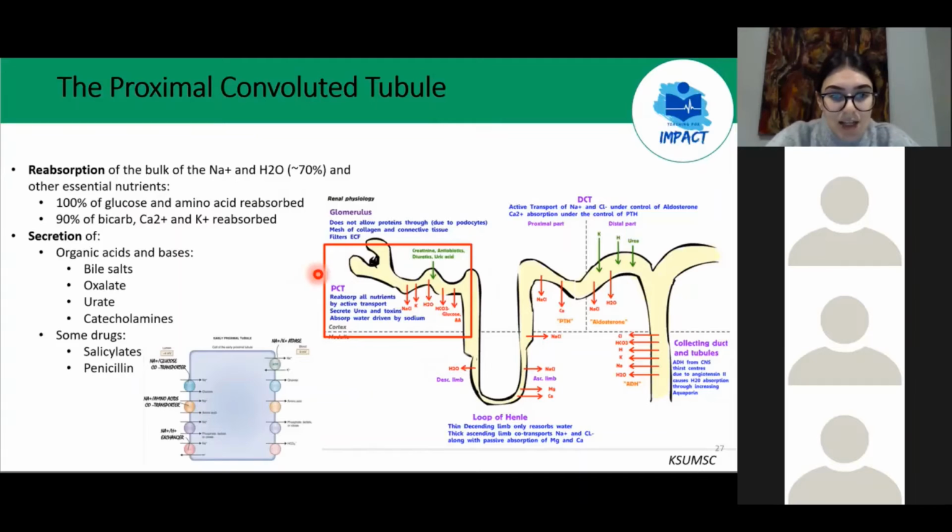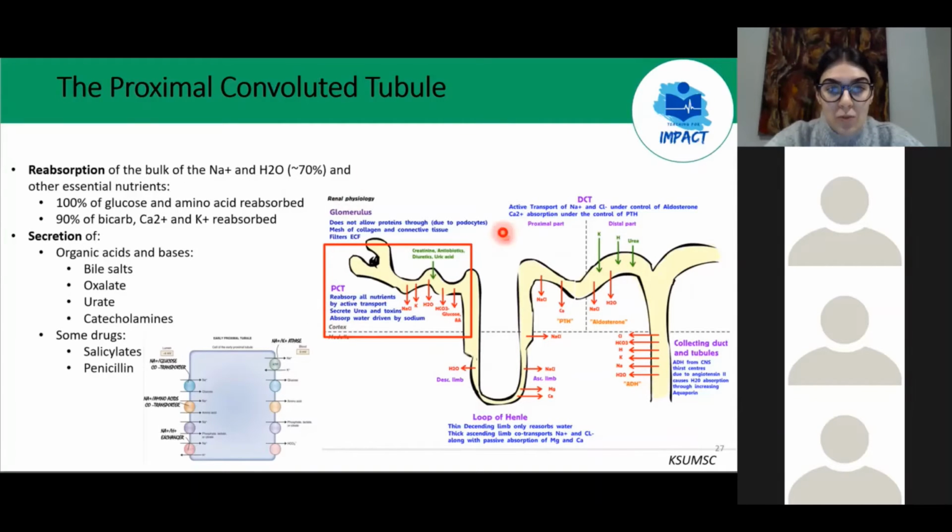Secretion is a little bit different in the kidneys than in the rest of the body. In the rest of the body, secretion implies something like secreting stuff from your skin, getting stuff out. But in the kidneys, it actually means to put stuff in, which makes sense because eventually it will get out. Secretion in the kidneys means putting stuff into the filtrate in order to get it out of the body.